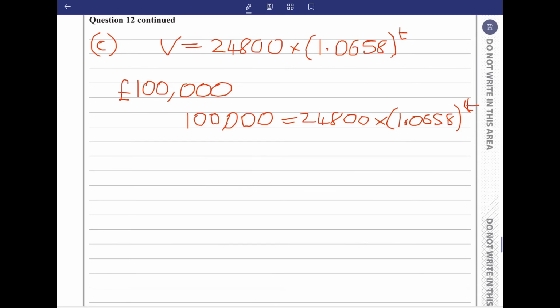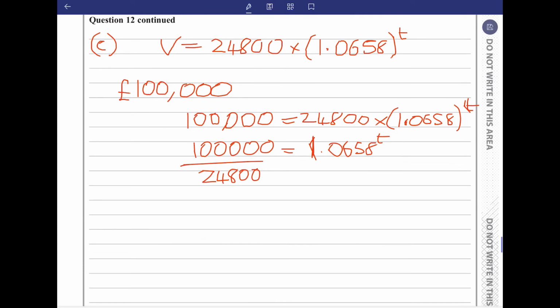Now we divide both sides by 24,800 to get the following: 100,000 over 24,800 equals 1.0658, there's a 1 there, to the t.